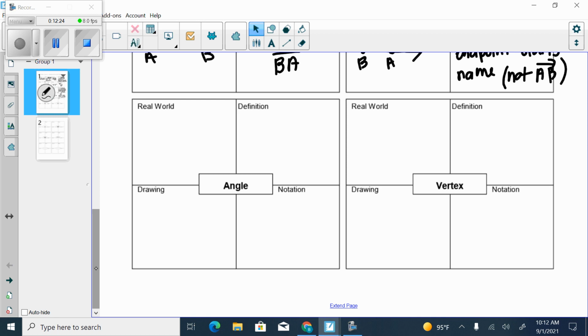we've got an angle. Okay? So the definition for an angle is going to be two rays that share a common endpoint.